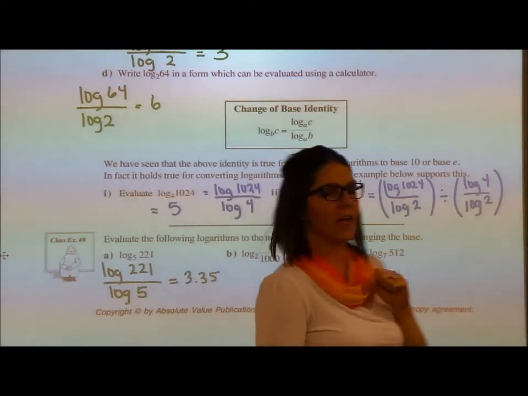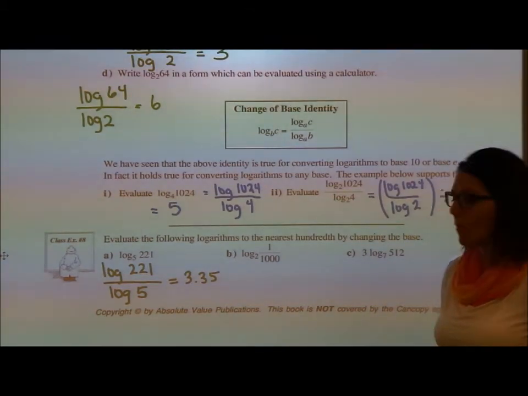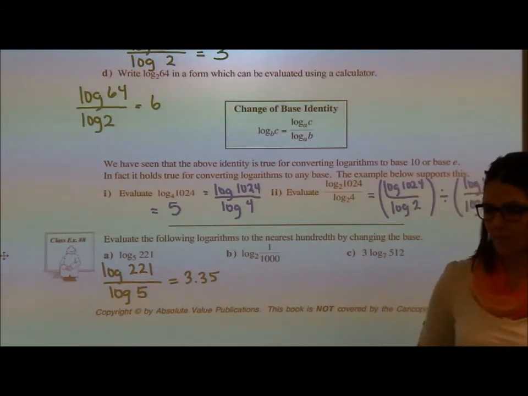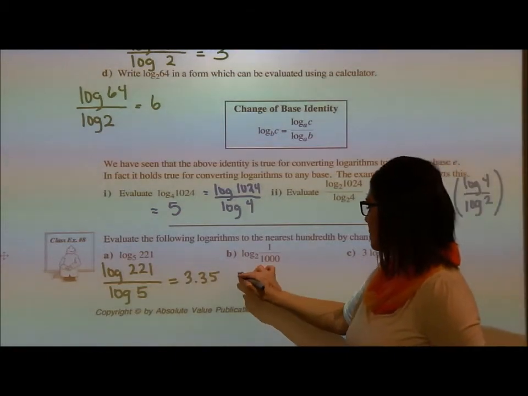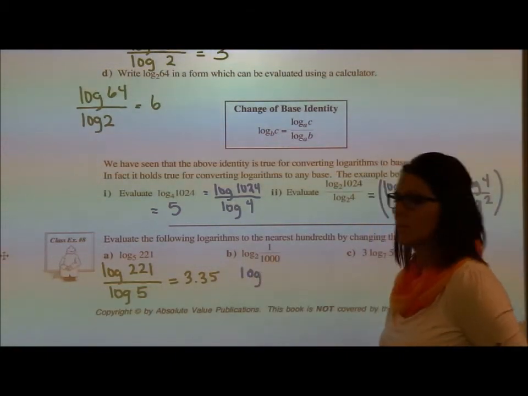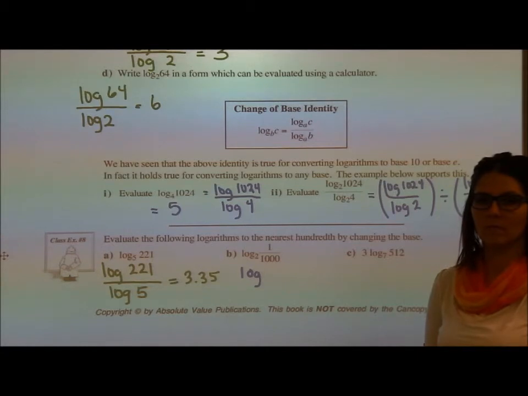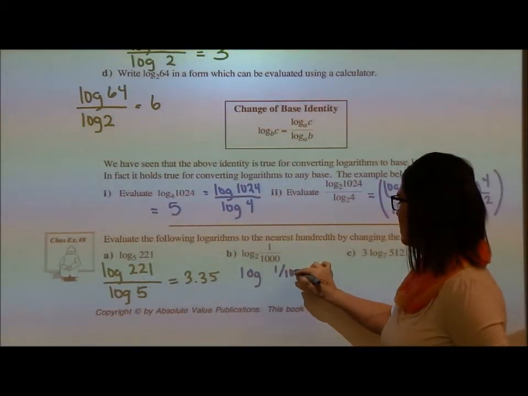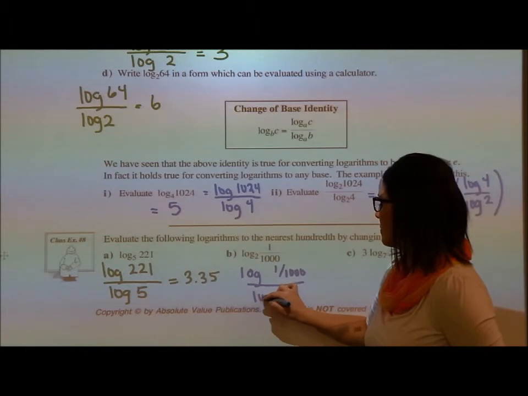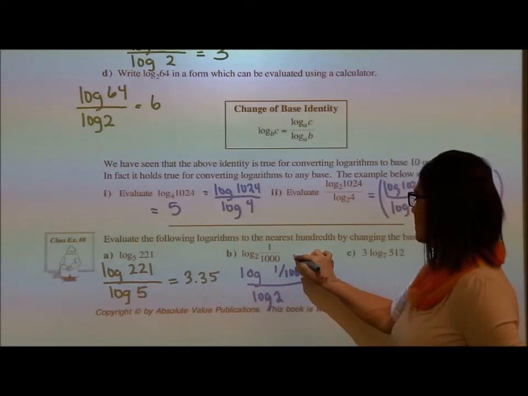So then if I look at the second one, what would I put into my calculator? Log 1 over 1,000 divided by log 2. And what would that equal?